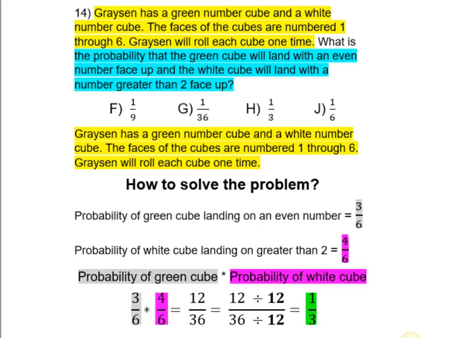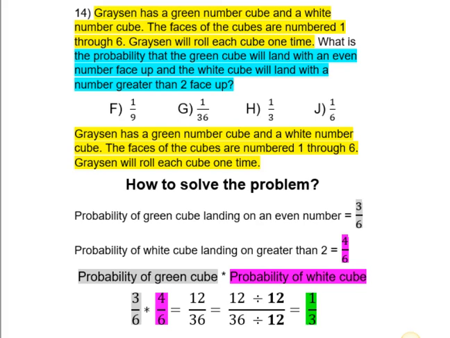To find the greatest common factor for 12 and 36, we find the highest number that can go into each number evenly, and that is 12. So we are going to divide the numerator and denominator by 12. 12 divided by 12 is equal to 1, and 36 divided by 12 is equal to 3. So our answer is 1/3.